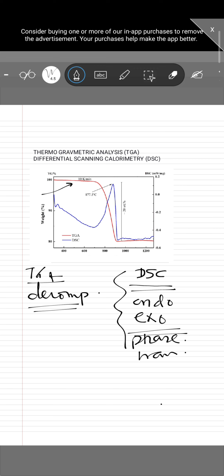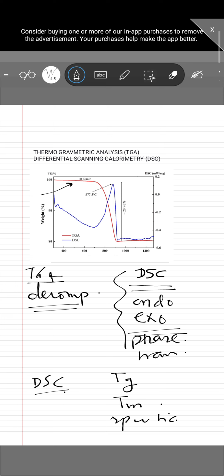And if you would like to find out, say, the glass transition temperature or the melting point or the specific heat capacity, then DSC is the appropriate test which needs to be carried out.